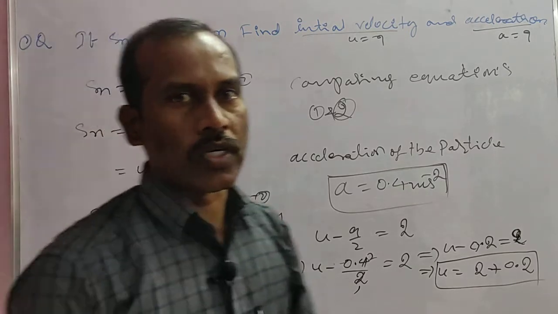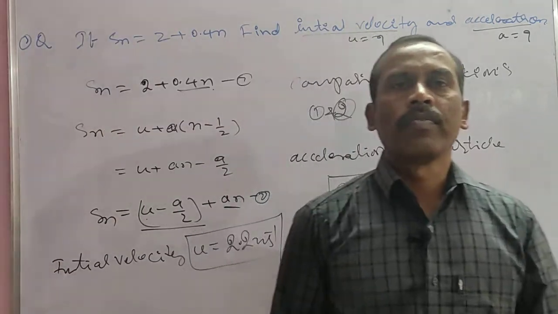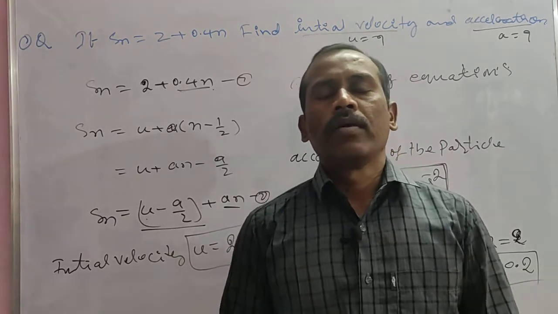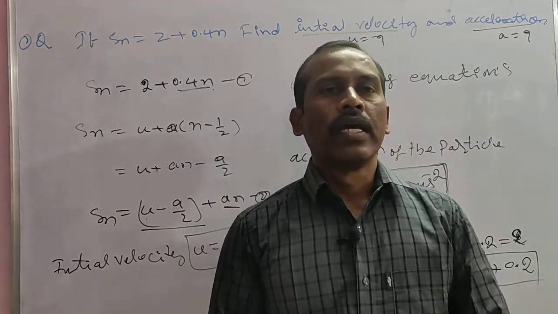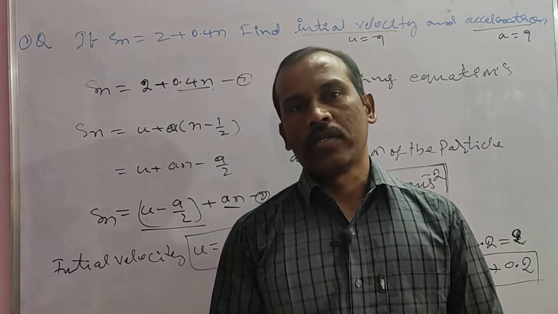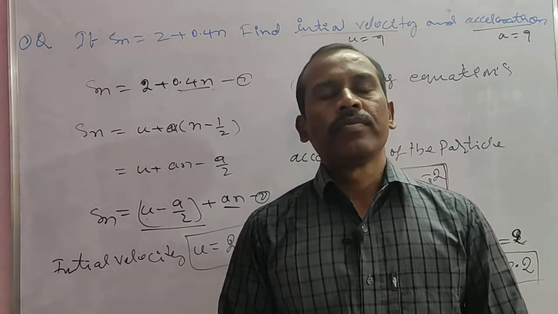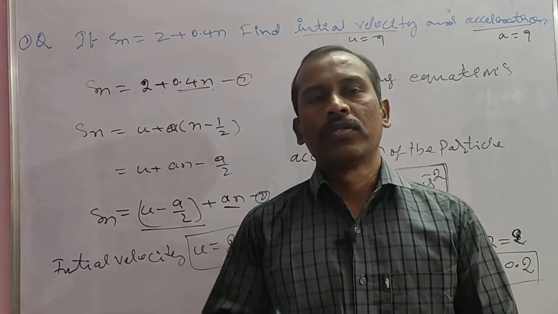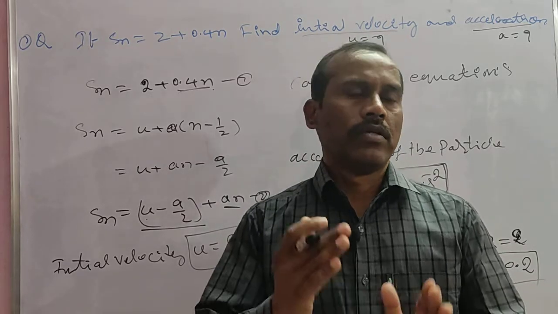This is the answer: the acceleration is 0.4 meter per second square, and the initial velocity u is 2.2 meter per second. These are numerical problems based on the kinematic equations of motion. In the next class we continue with average velocity, average speed, and some problems and equations.